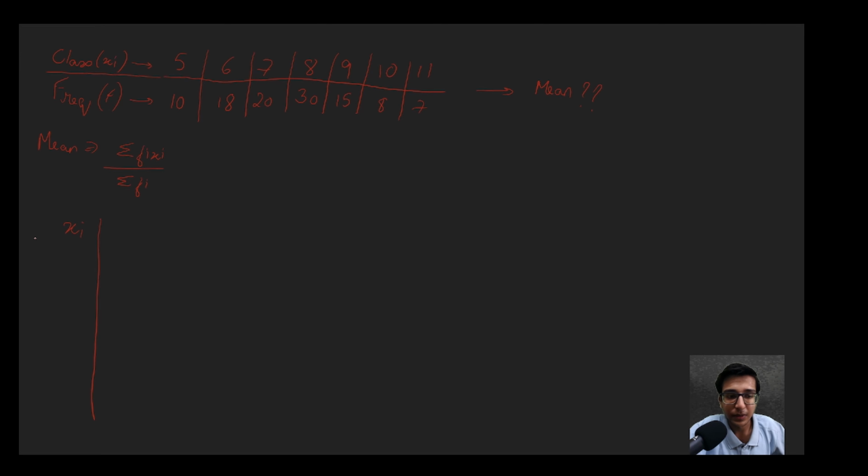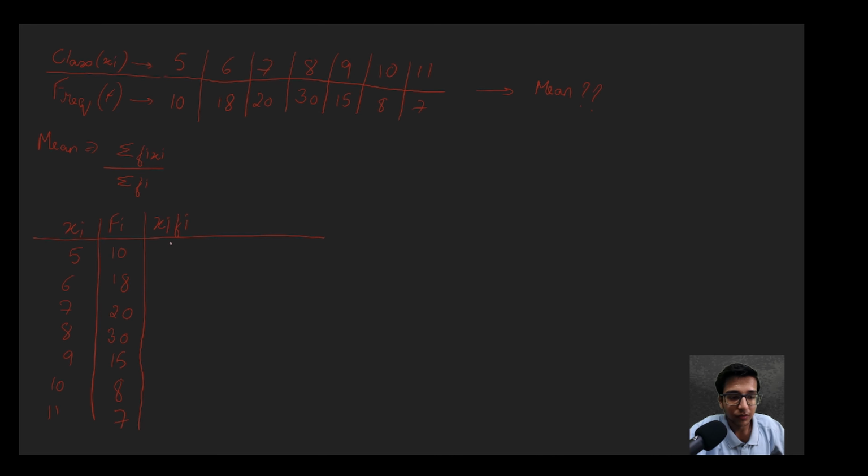Here xi has been given. We can write it as 5, 6, 7, 8, 9, 10, 11. Fi, corresponding to the value of xi, the frequency has also been provided, which is 18, 20, 30, 15, 8 and 7. Now you try to find xi into fi for each corresponding term present in this table.